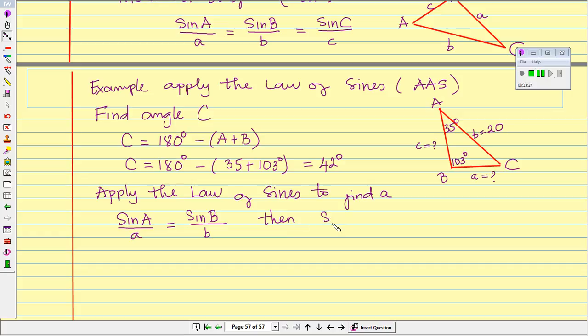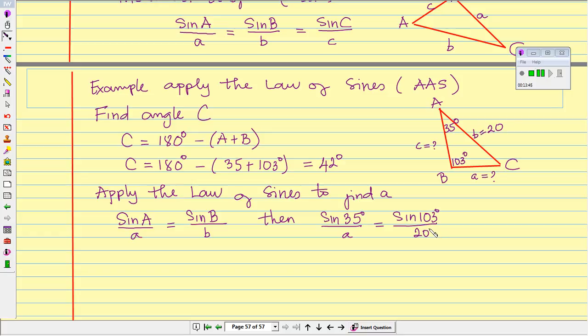So let's go ahead and substitute the angle A for 35 degrees. So sine of 35 degrees over little a, which we do not know, equals sine of the angle B, 103 degrees, over the side b, which is 20.